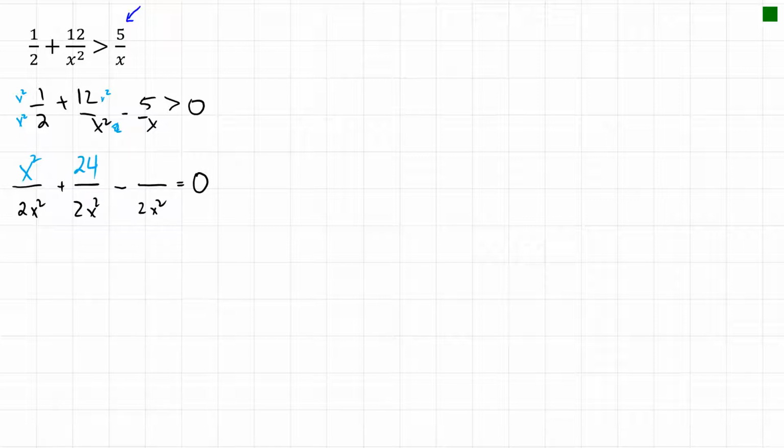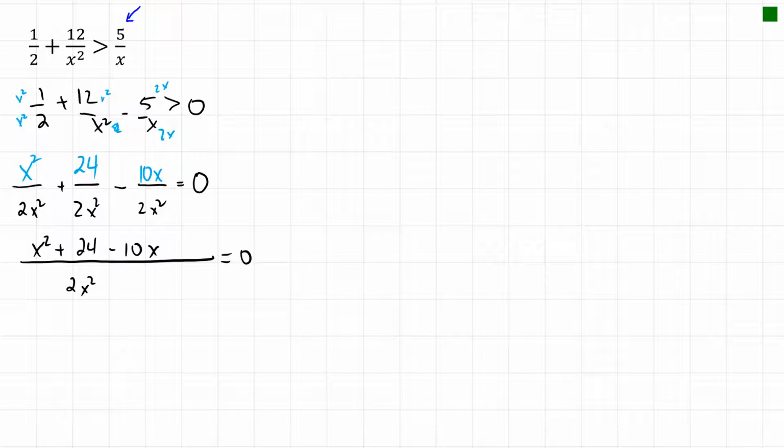And the last one needs to be multiplied by a 2x. So then we've got 10x. So now writing that as one fraction, I have 2x squared over x squared. In the numerator, I've got x squared plus 24 minus 10x. Where is that equal to 0?